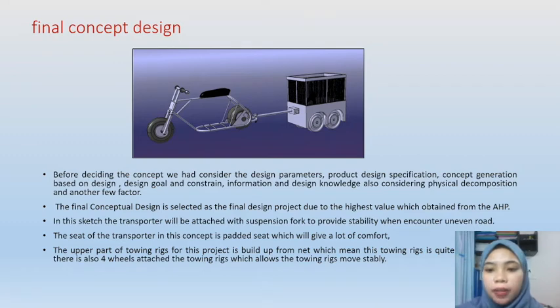And also the important concept design is we have fulfilled the customer requirement with our design, as the farmer needs to transfer their product in less time and in a bigger quantity. So with our design and our calculated elements, we are sure that the problem can be solved. So that's all for our concept design.